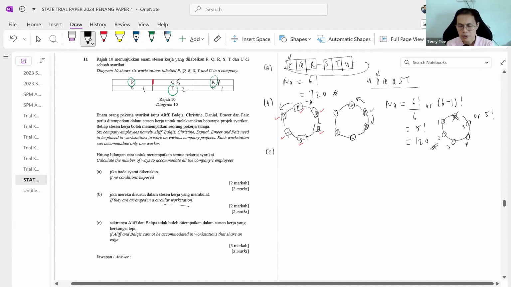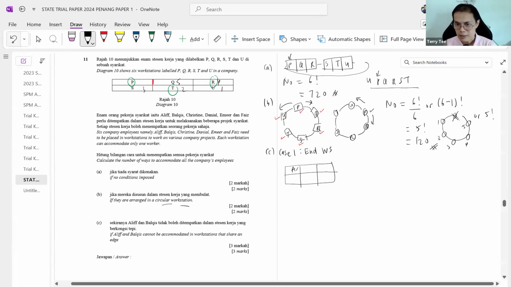This is a bit interesting because you need to break it up into 2 cases. Let me break it up into the first case. We take the N workstation. Let me draw a box to help you understand. When you draw a box like this, you can put Alif here, a fixed position for Alif.